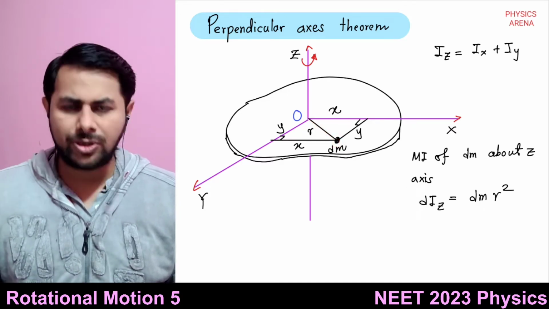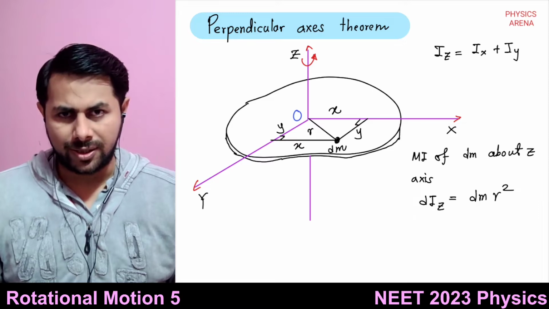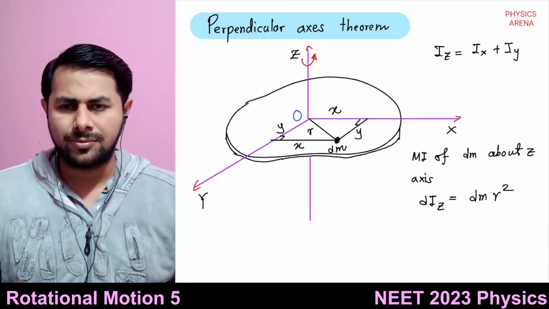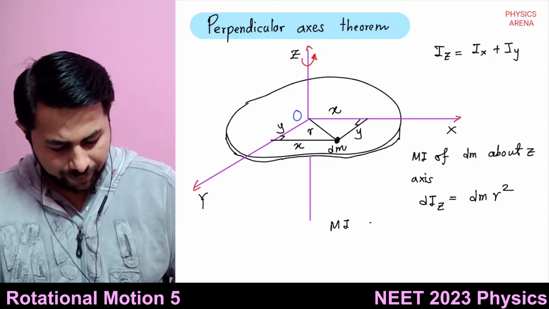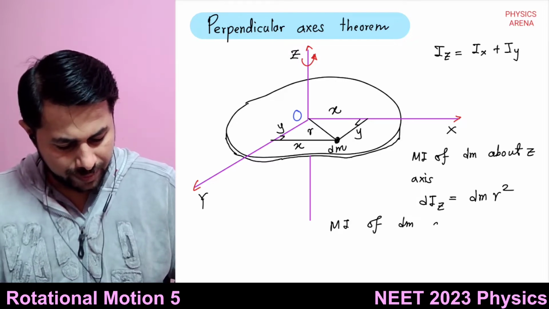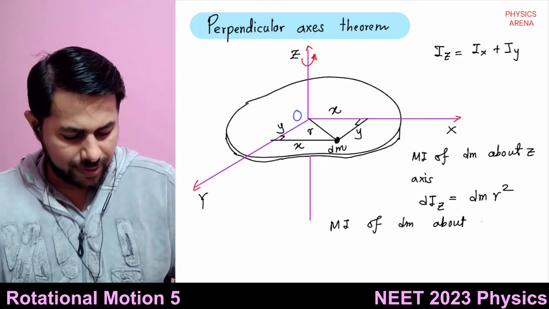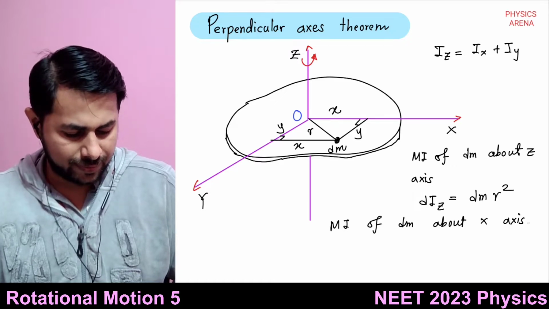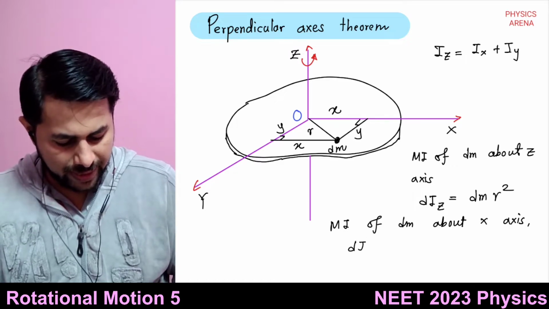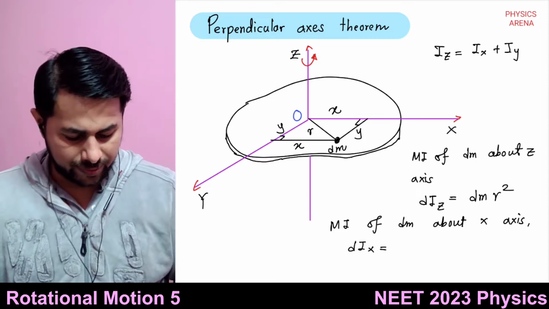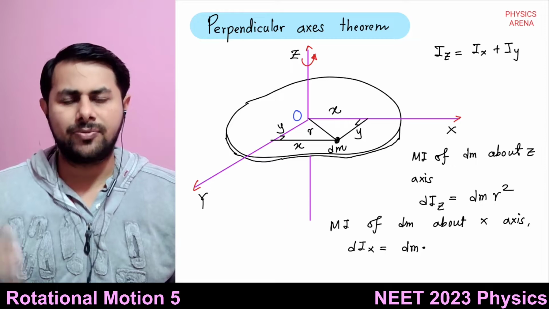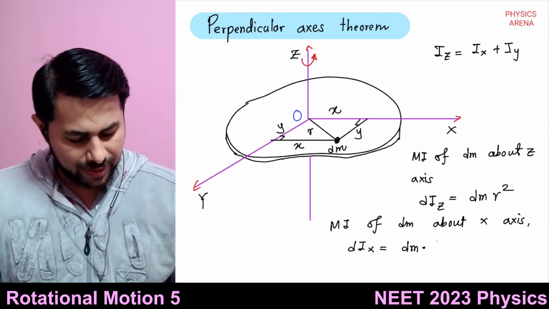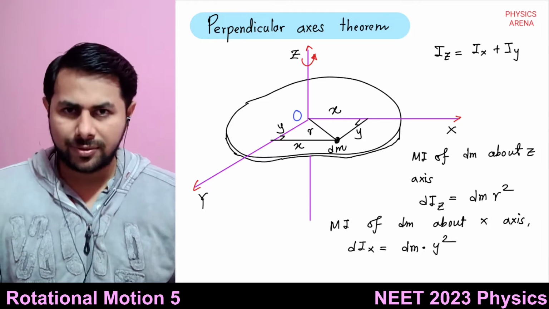The moment of inertia of dm about the x axis, dIx, is equal to dm multiplied by y square.